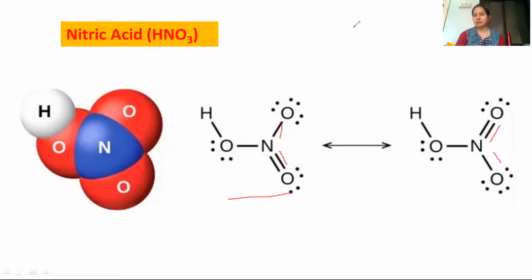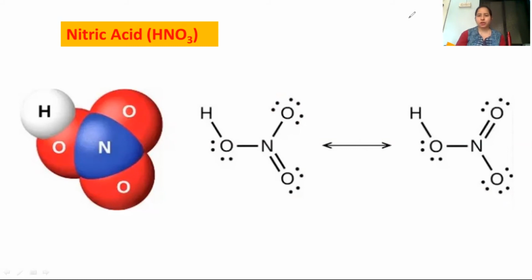Because of the oxygen atom, the electrons are changing position. You can see here we have 6 lone pair and 3 lone pair and 2 lone pair. But here we have 3 lone pair and 2 lone pair. So because nitric acid shows us resonance structure, we can study its resonance hybrid structure.